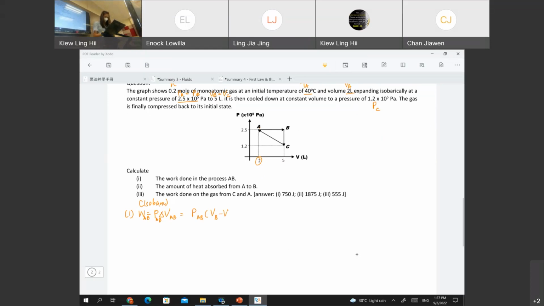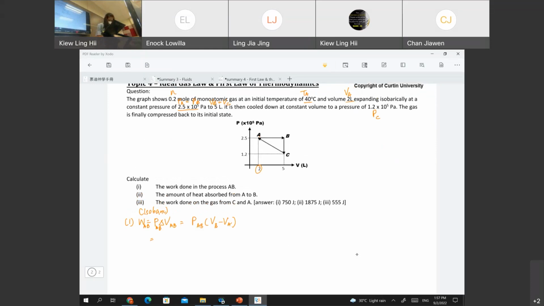The pressure at point A or B is the same, so 2.5 times 10 to the power of 5. VB is 5 liter, converted to SI unit, times 10 to the power of -3.